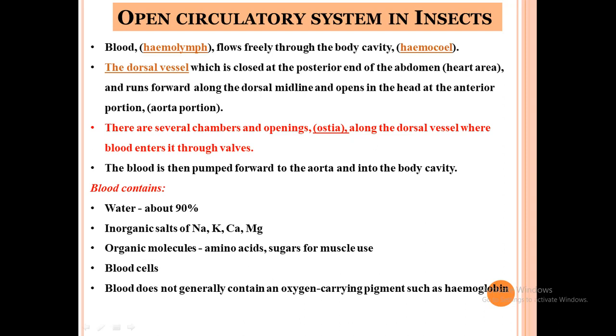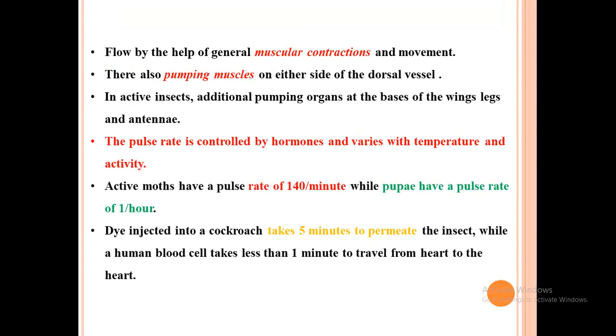Then there are organic molecules, amino acids, sugars, and blood cells. Blood does not generally contain oxygen-carrying pigments such as hemoglobin, but in some cases the blood color may be red, and there may be some other reasons.